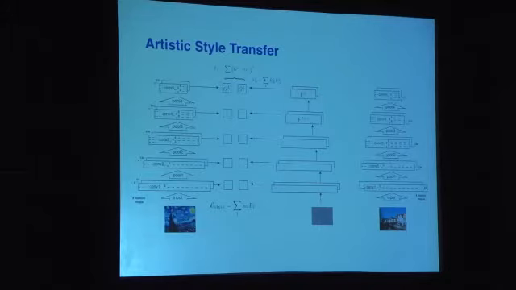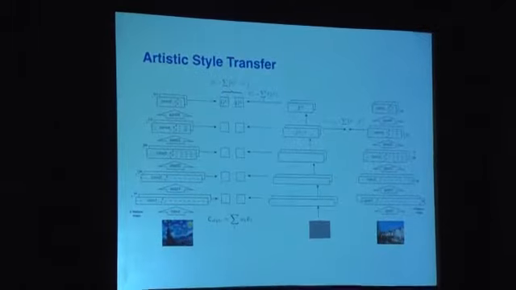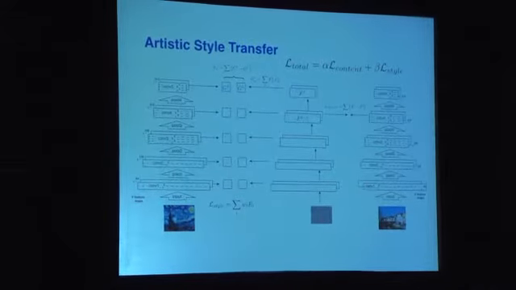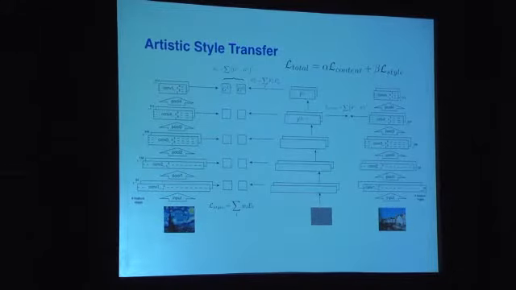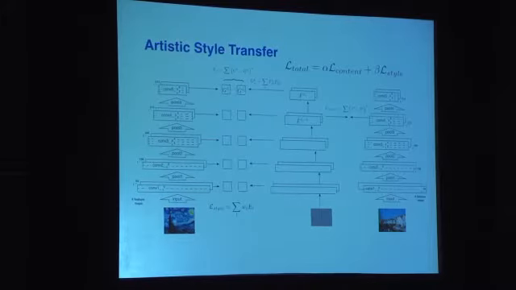At the same time, we compare the actual feature map activations in response to the white noise with those in response to the photograph. Then we get a total loss function that is a linear combination of the loss that measures how far we are from the style of the painting, and the loss that measures how far we are from the content of the photograph.